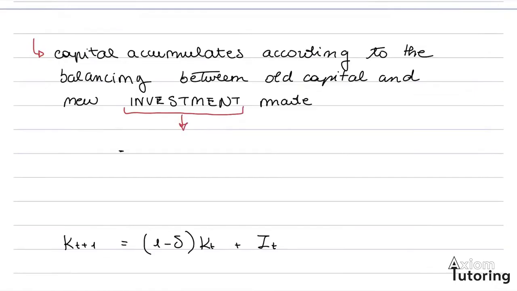We said that it's a fixed proportion of output. Why is it a fixed proportion of output? Again, because we have no international links, we have a savings rate that is exogenous, and since there are no international links in our model, we know that investment is going to be equal to savings, but again, the savings rate is going to be exogenous.